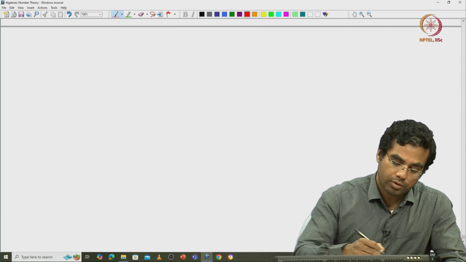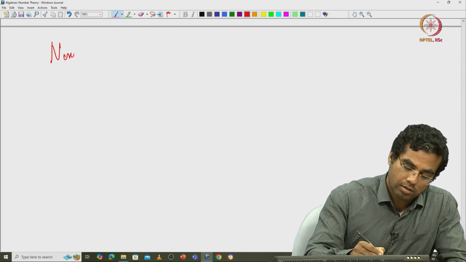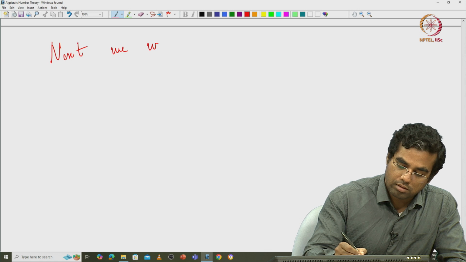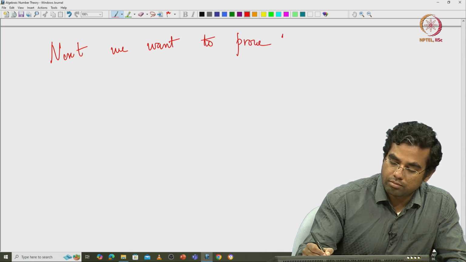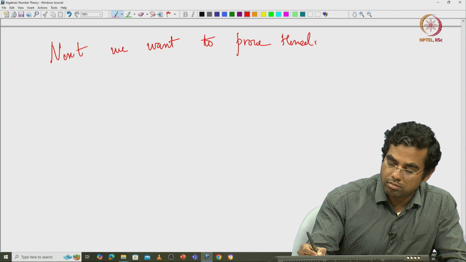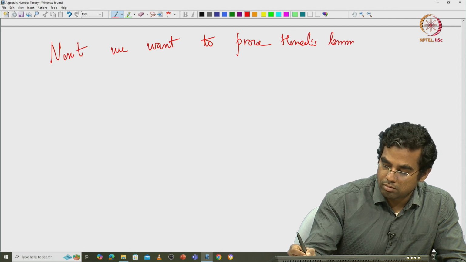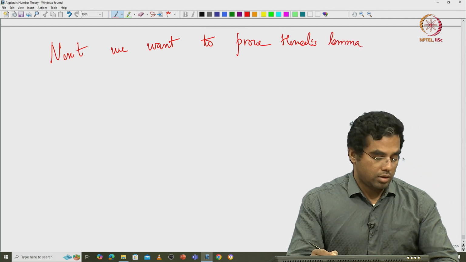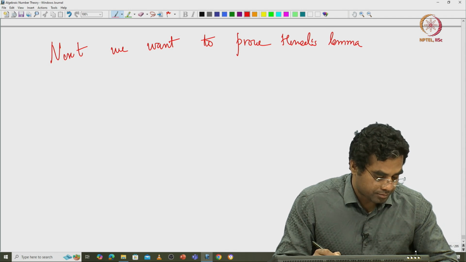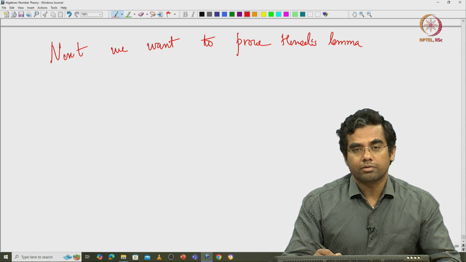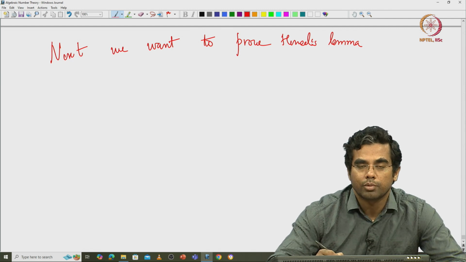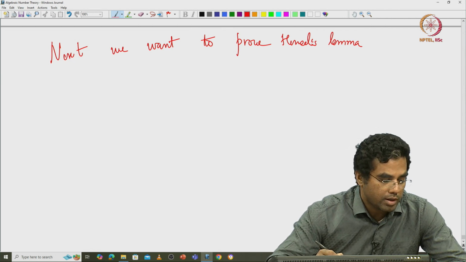So, next we want to do Hensel's lemma. It's a way of finding roots of a polynomial by using roots in finite fields, right.